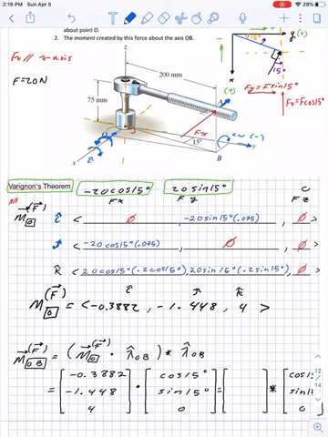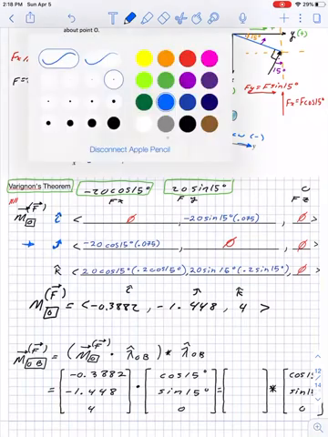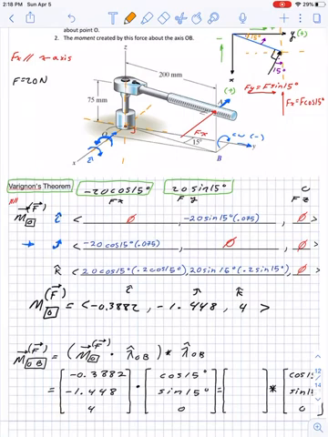F of x is 20 cosine 15, and we're talking about this line right here. And what is the moment arm? If you recall that we have a line of action, that means we could place this force anywhere.